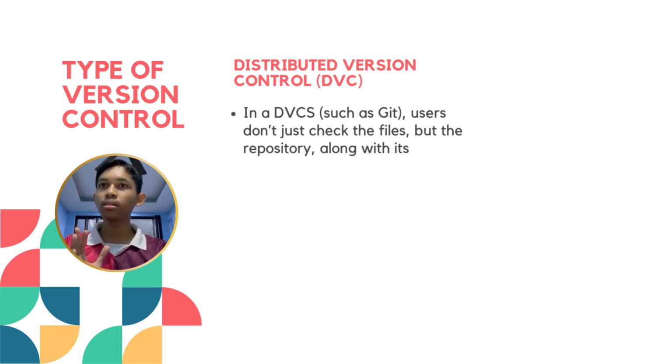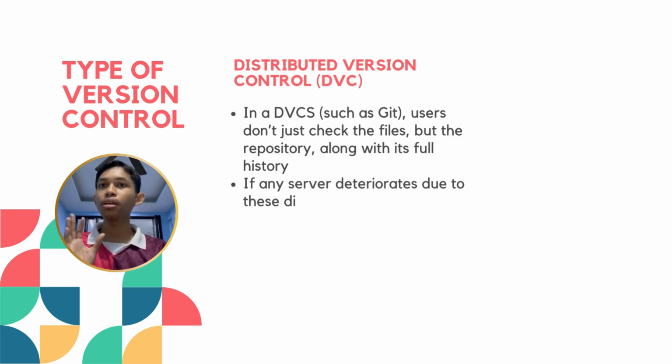So if any server goes offline, due to this distributed system where files are stored at different places, any of the clients can be copied back up to the server to restore it.